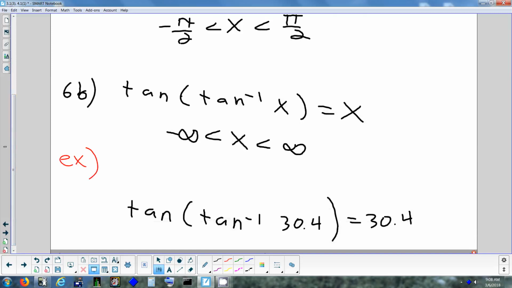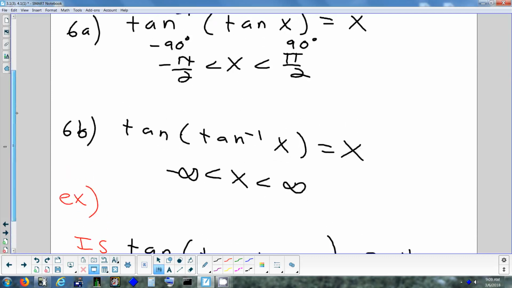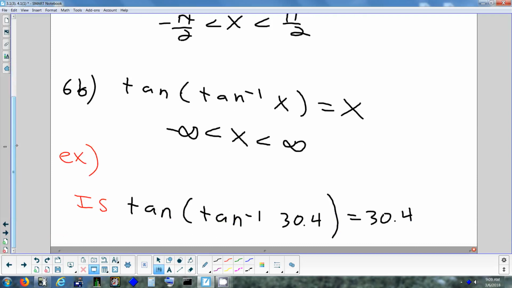Okay, so we'll just try one example of this one. Same idea as all the others. Tangent of the inverse tangent of 30.4. Would that equal 30.4? Okay, so Austin, is that one set up more like 6a or 6b? 6a. All right, how come?